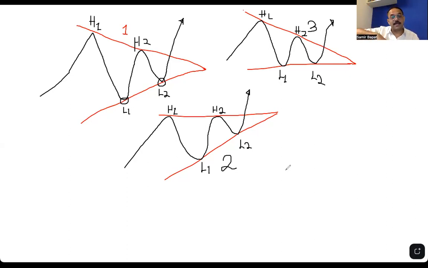Sometimes these triangles will fail, and if Ichimoku signals are not very clean and clear, not saying the path is clear for the upward movement, and if we still take the trade, there is a possibility that it will fail. So Ichimoku helps us to increase the probability of taking a successful trade within a triangle.